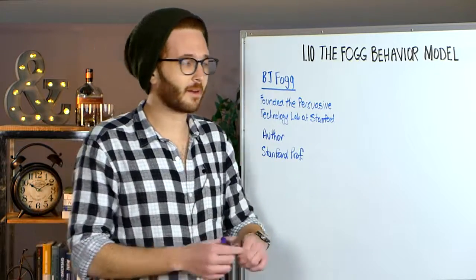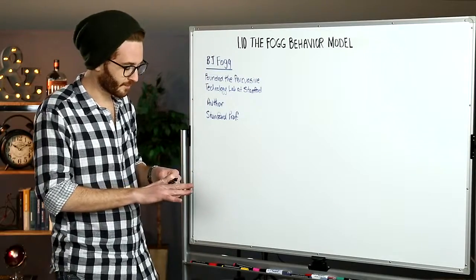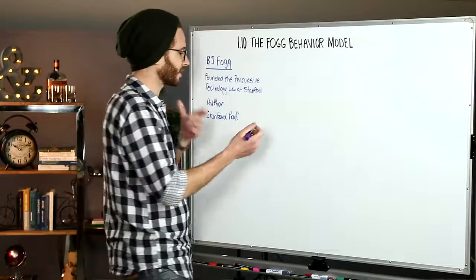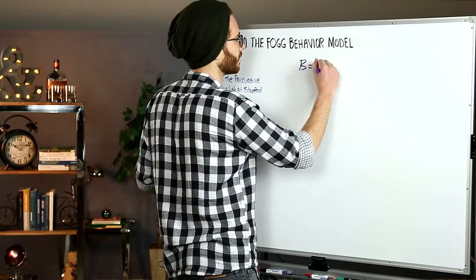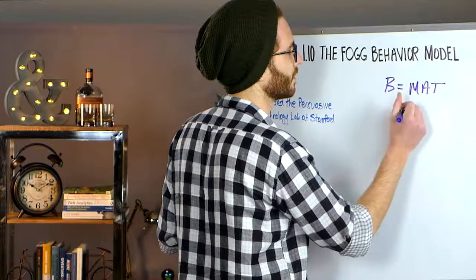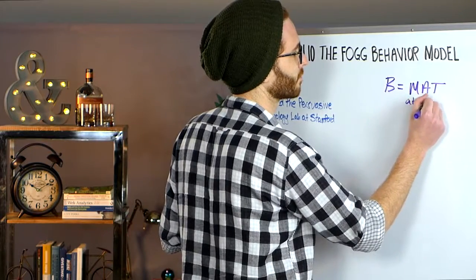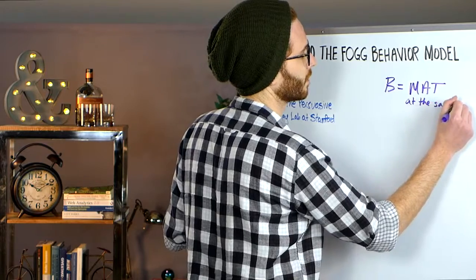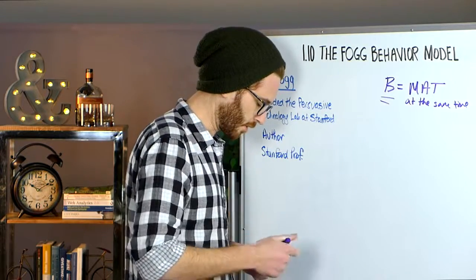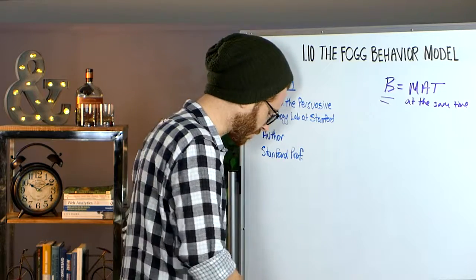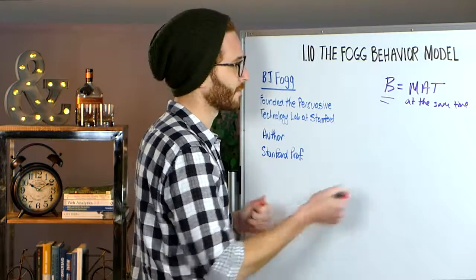So in the Fogg behavioral model, it's very simple and very elegant. B equals MAT at the same time, okay? Behavior can occur when three things converge in the person at the exact same time.